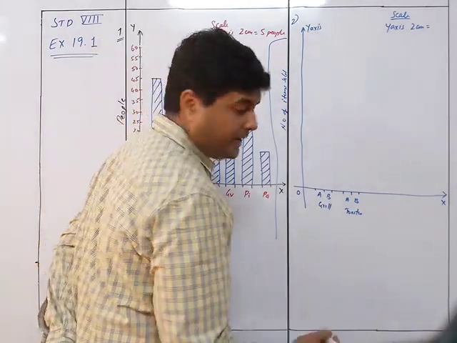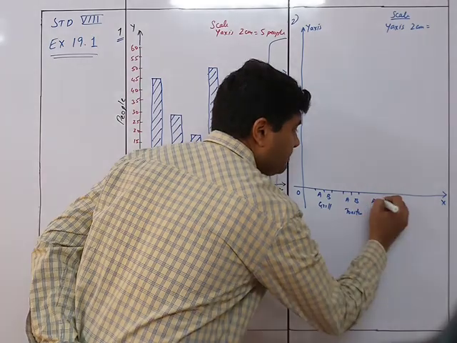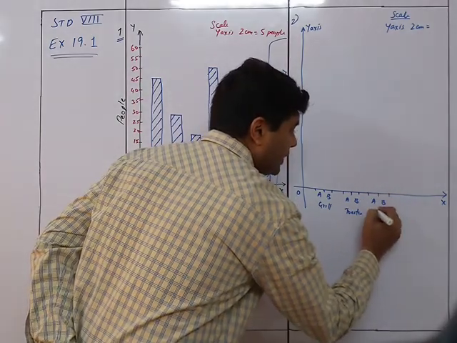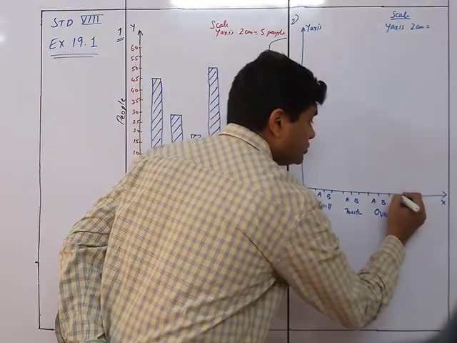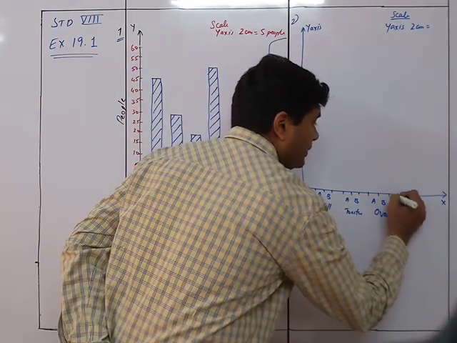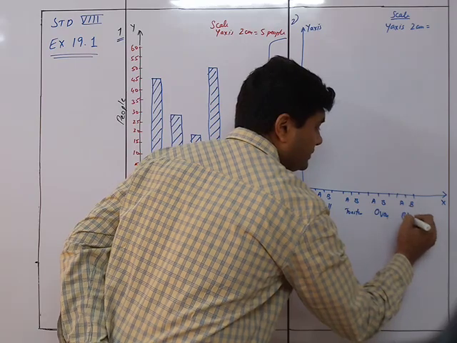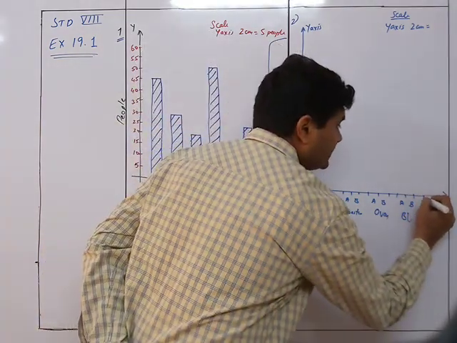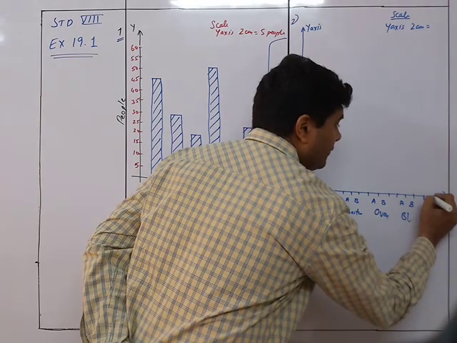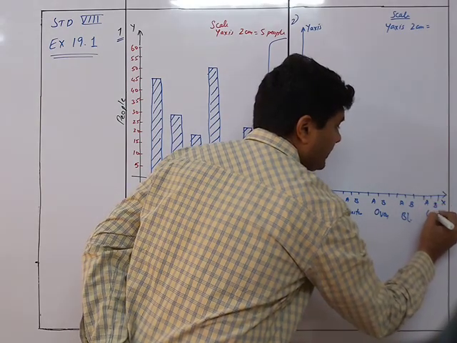The next is oven, A and B. The next one, A and B, is for blender. And finally A and B for coffee maker.